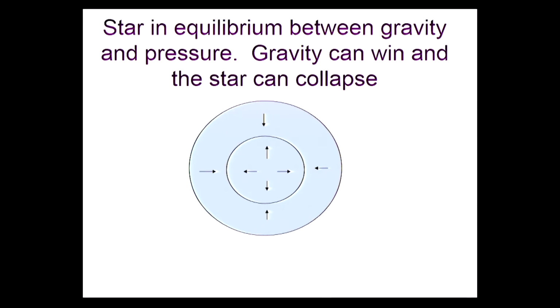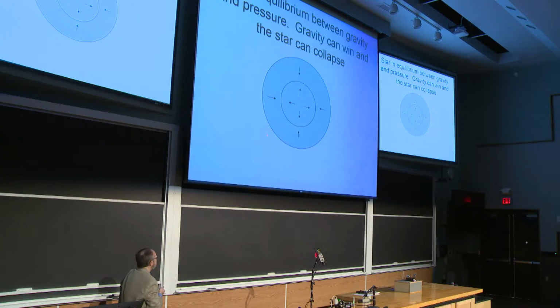Okay, so this is a crude diagram of a star, and this circle in the middle is going to be some particular layer of gas inside the star. These inward-pointing arrows represent the force of the star's own gravity that's trying to pull it in and make it collapse.